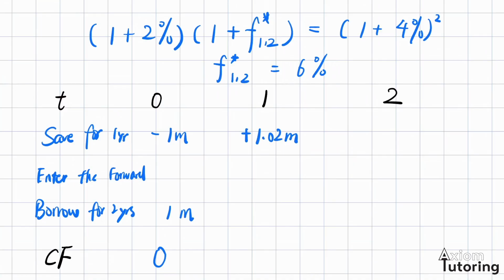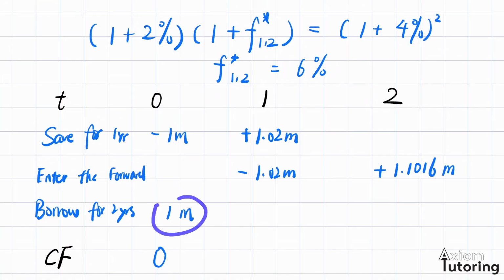Since I'm also entering the forward contract, I will save this at 8%. In 2 years' time, that will be 1.02 times 1.08, which gives me a positive cash flow of 1.1016 million at the end of year 2. But then I have to pay back what I have borrowed, the 1 million.